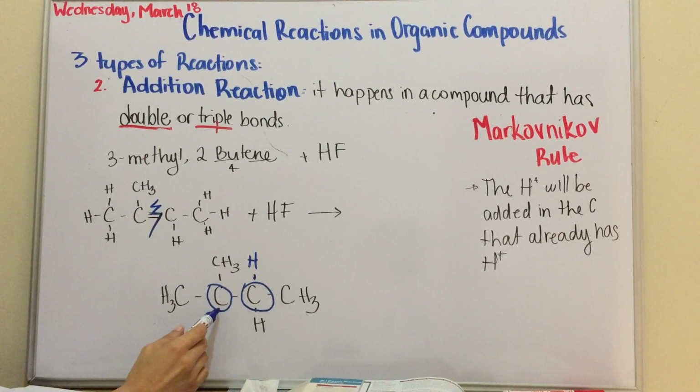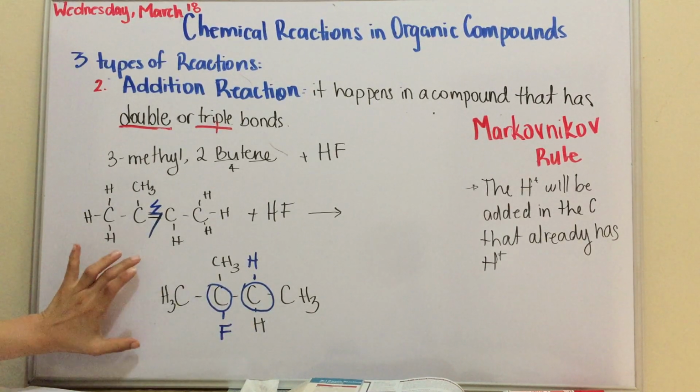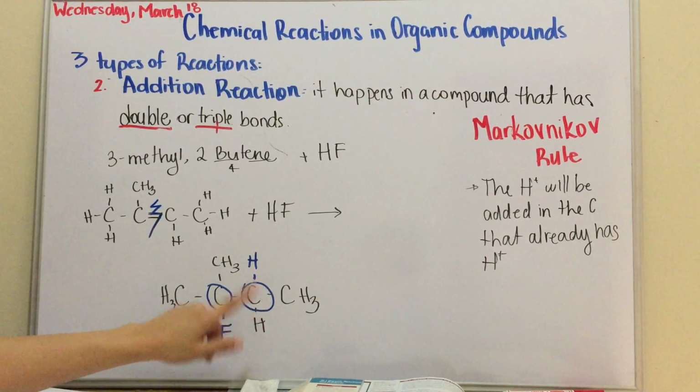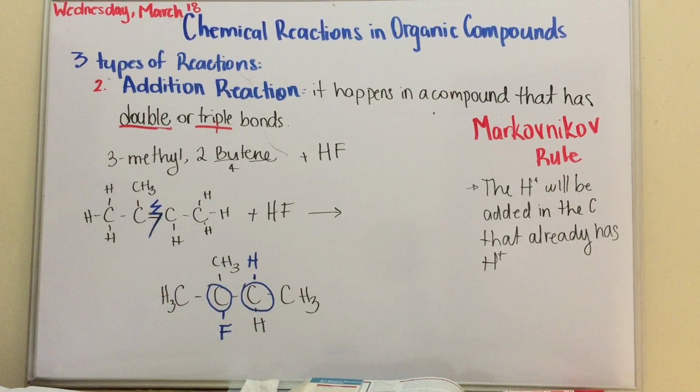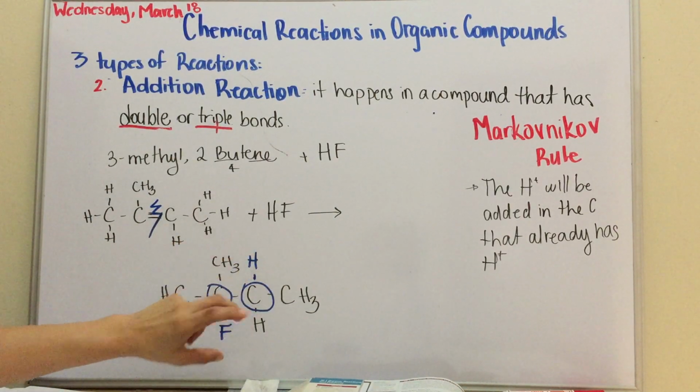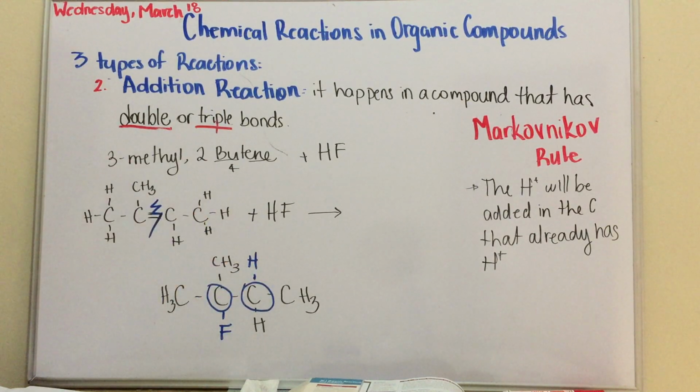And this carbon number 3 doesn't have anything. So on carbon number 3, I'm going to add the fluorine. And this is Markovnikov's rule, because this carbon is going to get more stable because it already has 2 hydrogens. And that's the rule I was trying to explain, what you see over there. Copy it in your notebook. It's a really important rule, because if you switch their positions, it's going to be incorrect. All right.